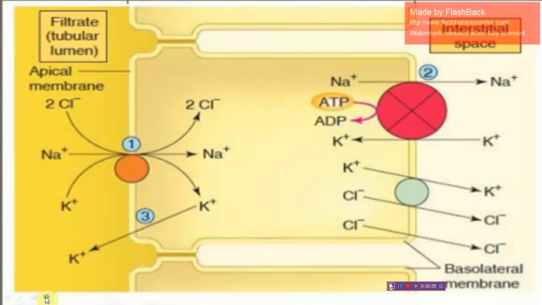That is the sodium potassium ATPase pump in the basolateral membrane, which is the primary active transport, and the secondary active transport here is the sodium potassium 2Cl co-transporter. And potassium is again coming into the lumen by a ROMK type potassium channel.